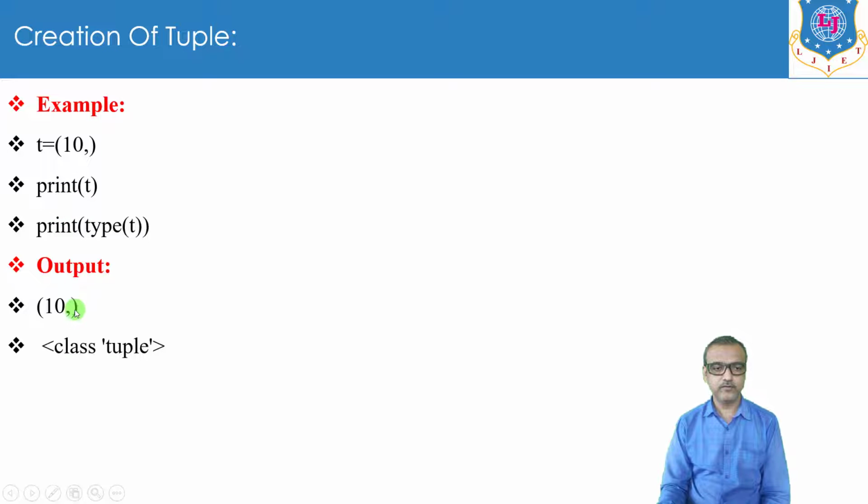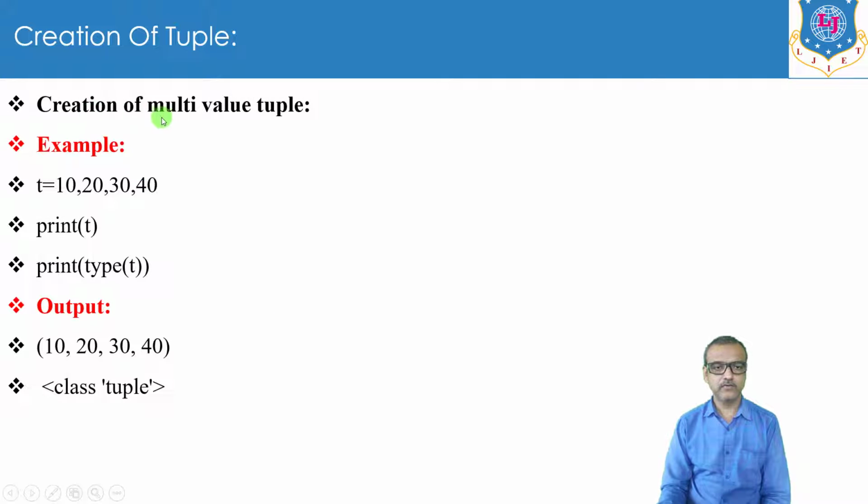For print of t we have the tuple 10 and just see we have a comma over here also, and for print of type of t we have class tuple. So whenever you create a single valued tuple, you have to keep in mind the comma separator after the single value.